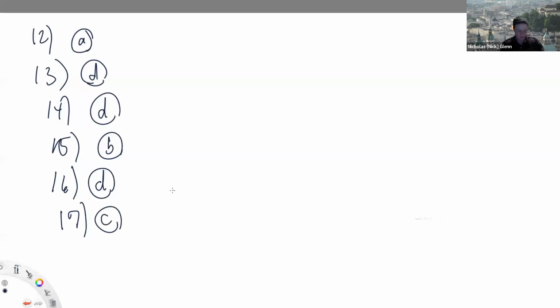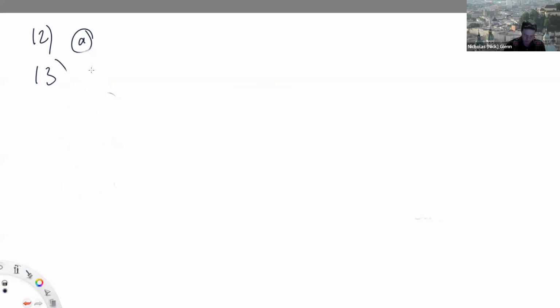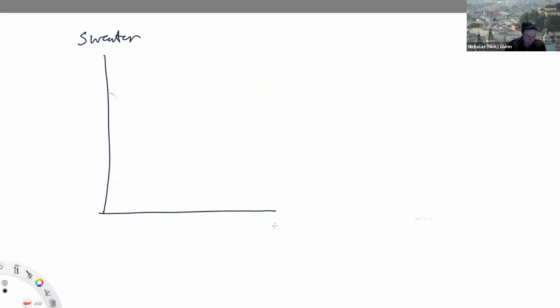All right. Well, let me draw this out. All right, so this next part, we're going to be looking at a diagram for a bunch of questions. So bear with me while I draw this out. We have sweaters on the y-axis and apples on the x-axis.